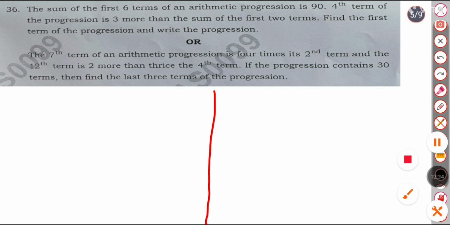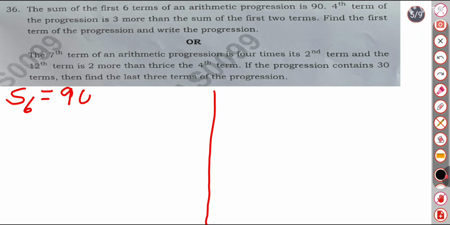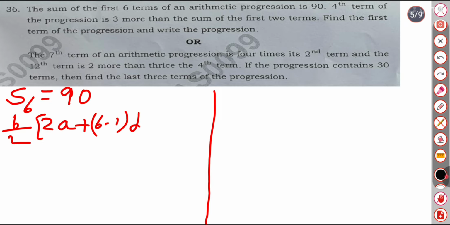What is given here? The sum of the first 6 terms of the AP, that is S6, is given. S6 is 90. So what is the S6 formula? Sn formula: n by 2 into 2a plus (n minus 1), that is 6 minus 1, into d, is equal to 90.